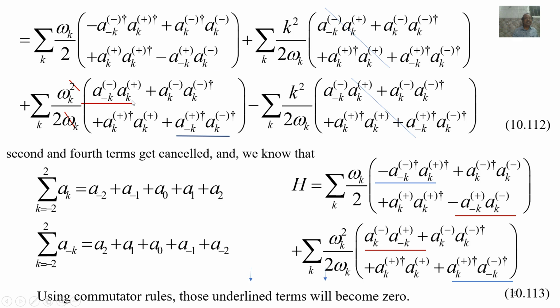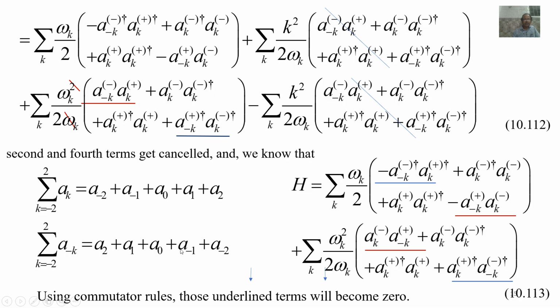So what we are going to use is this rule: the summation over k equals minus 2 to plus 2. Suppose, for example, we take k equals 2, then what is the value of the expression for a_k? It is nothing but a_minus 2 plus a_minus 1 plus a_0 plus a_1 plus a_2. Suppose we take a_minus k, which can be expanded as a_2 plus a_1 plus a_0 plus a_minus 1 plus a_minus 2.